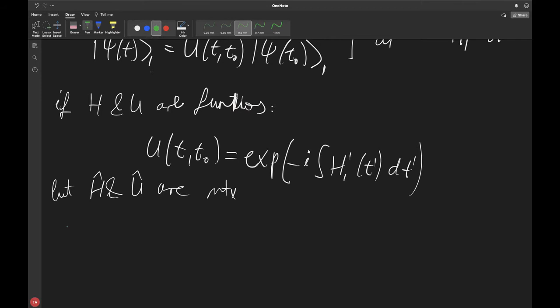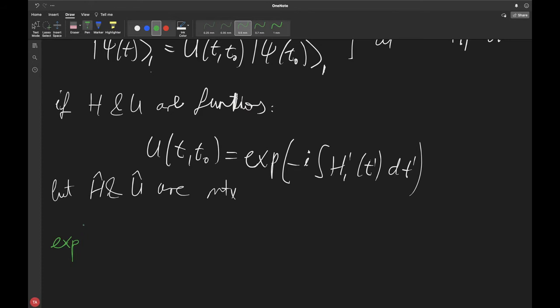So let's just take a step back and think about again what we really mean by the exponential of an operator. What we really mean by a function of an operator is really the Taylor series of that function.